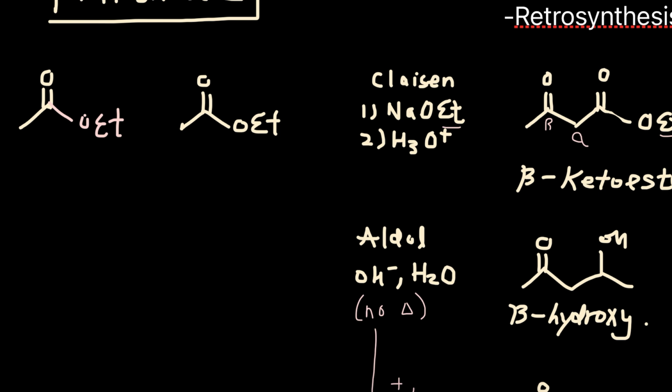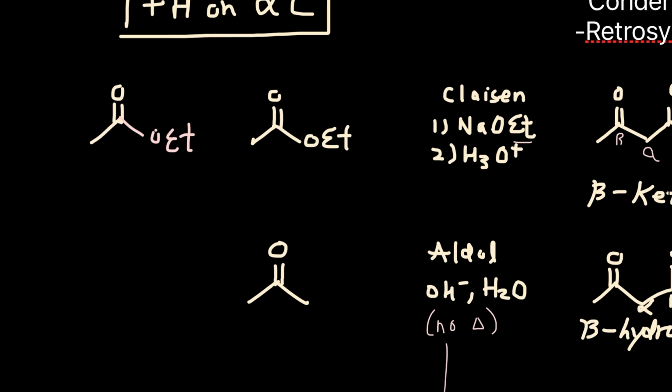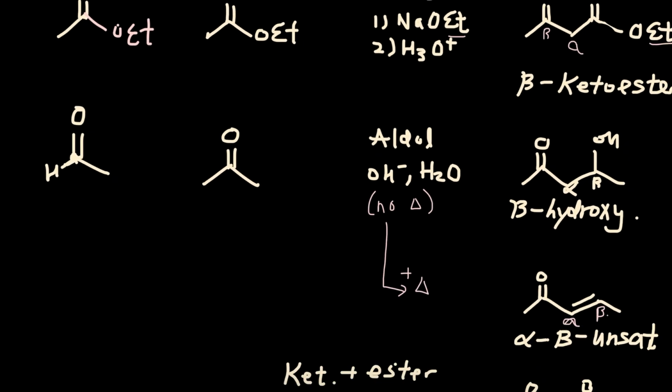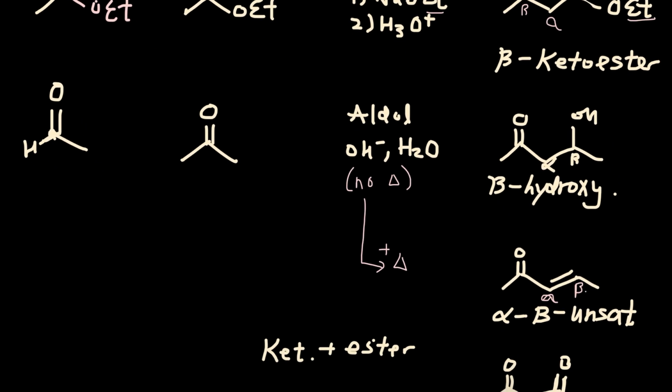For the aldol reaction, we will draw our alpha carbon. This is our alpha and this is our beta. But for the beta carbon, it will now be replaced by a carbonyl. So this side must be an H then. But let's say we have an aldol product with heat.